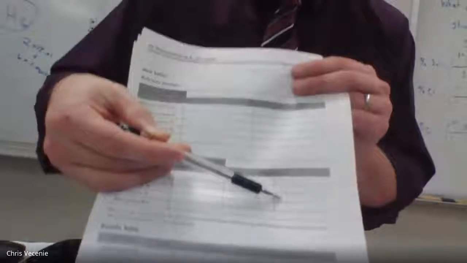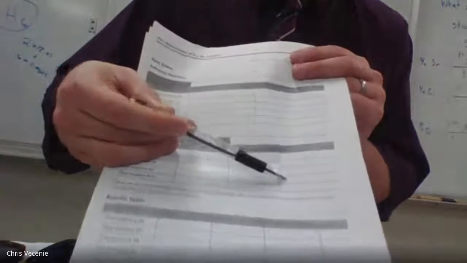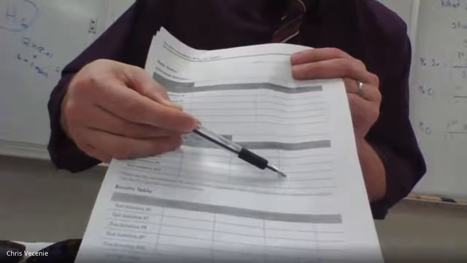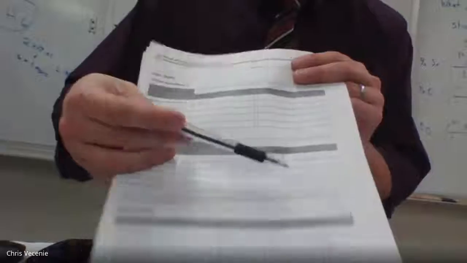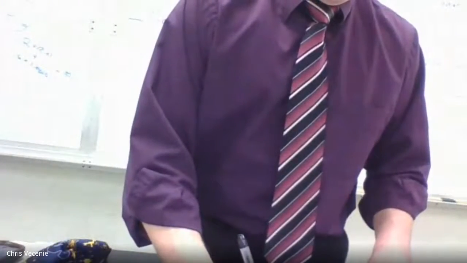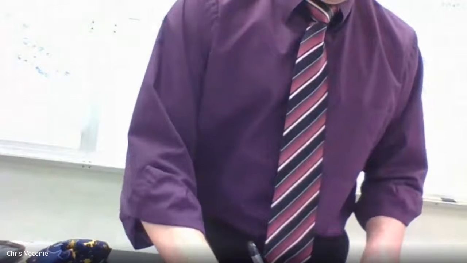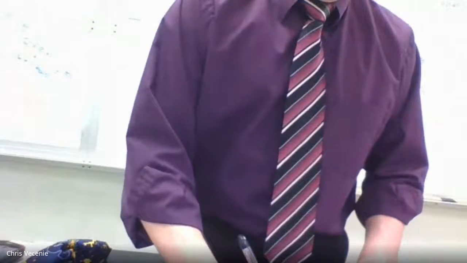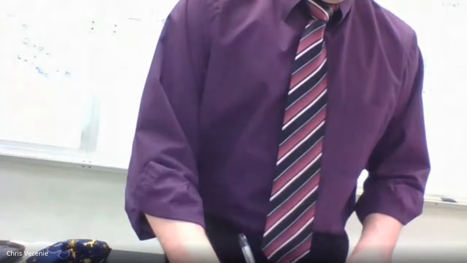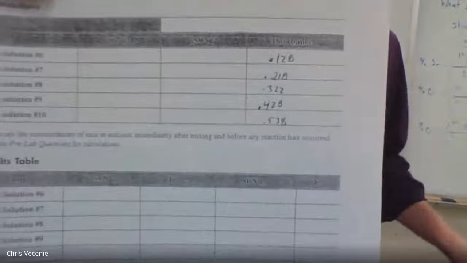Test solution 8, 0.322. Test solution 9, 0.428. And then test solution 10, 0.538. So I'm going to jot those in there just so you can double check, did you copy them correctly? All right, so that is what those values should be.